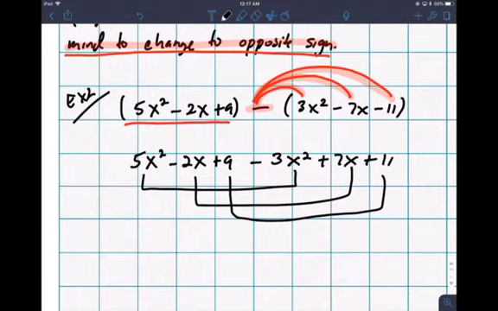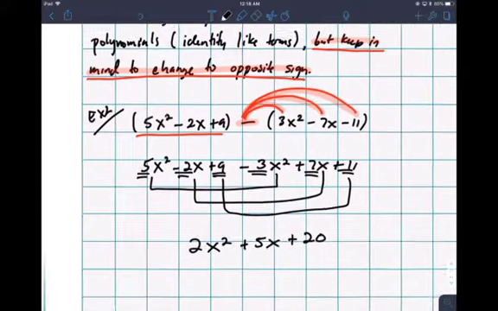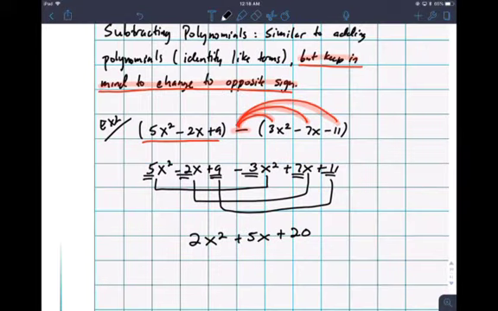So 5x squared minus 3x squared. 5 minus 3 is going to be 2x squared, minus 2x plus 7x, minus 2 plus 7 is going to be positive 5x, and plus 9 plus 11. 9 plus 11 is going to be plus 20. So there's my work. Let me do 2 more examples and then we're going to stop the video, okay?